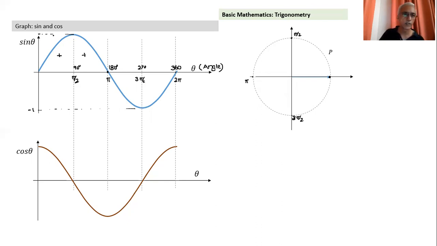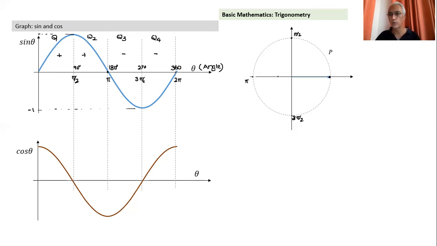So if I mark, this is Q1, this is the Q2 part, this is Q3, and this is Q4. Positive, positive, negative, negative. This is a much better way of understanding and getting a mental picture of how the value of sine theta changes with the angle changing from 0 to 360 degrees, or 0 to 2 pi radians.